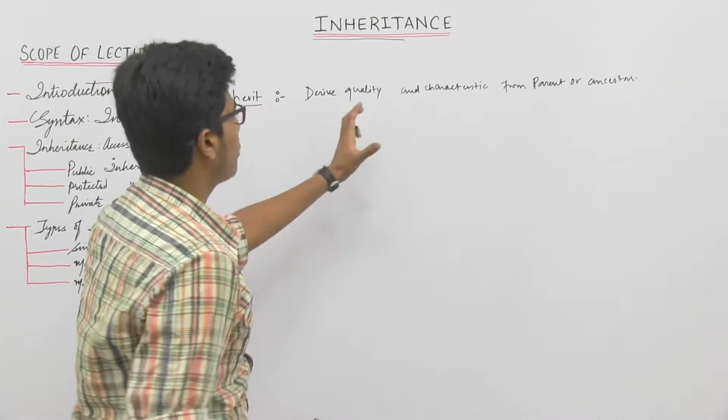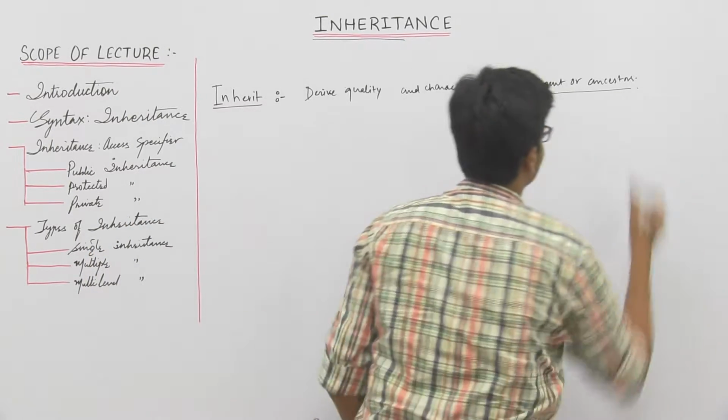Simple example: derive quality and characteristics from parent or ancestor.